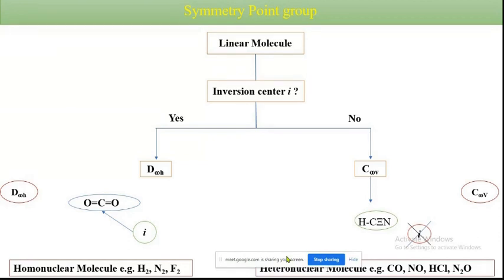The best example is carbon dioxide, where the center of inversion passes through the middle of the molecule, that is, the carbon center. In case of C infinity v, the example is HCl, where no center of inversion is present, but the molecule is linear, right? In general, for homonuclear molecules, for example H2, N2, and F2, the point group is D infinity h.